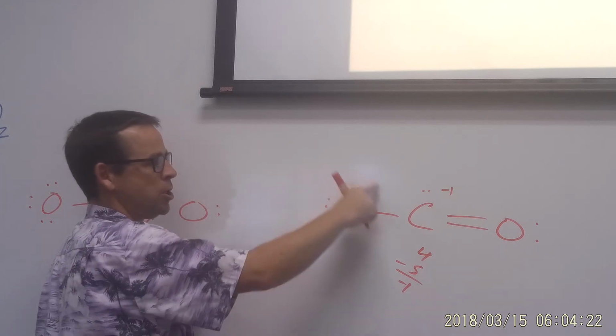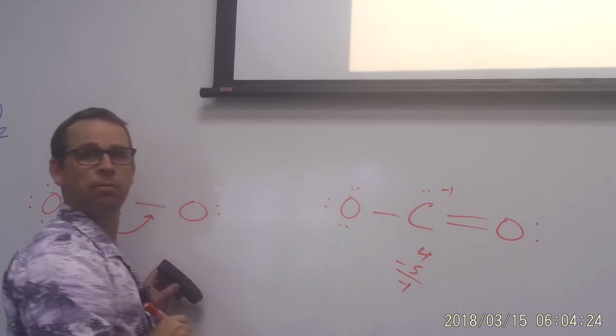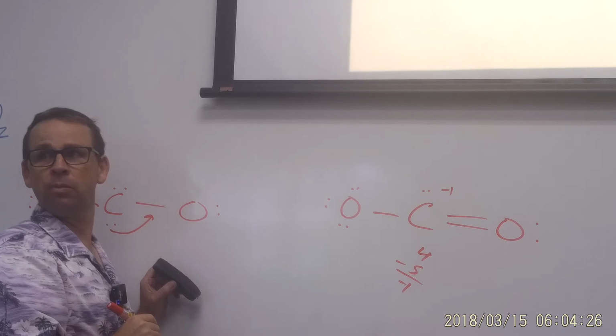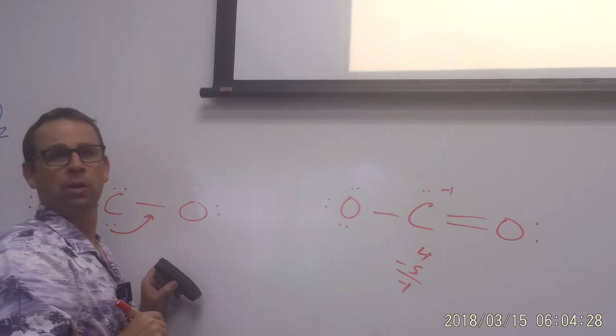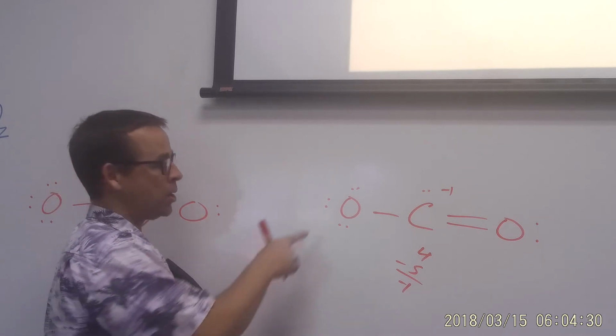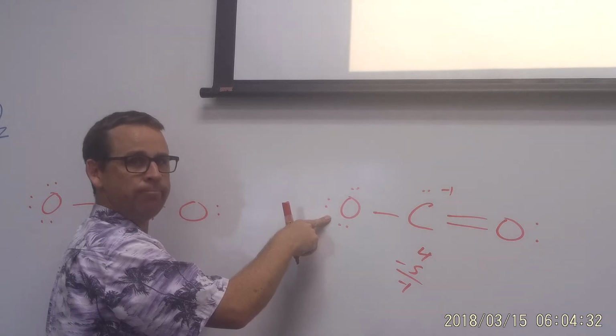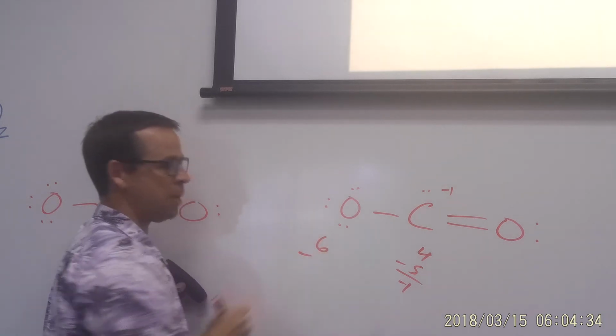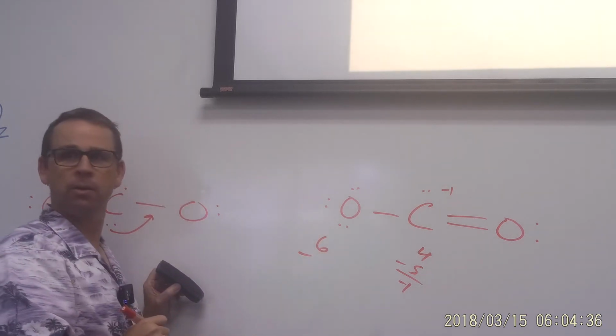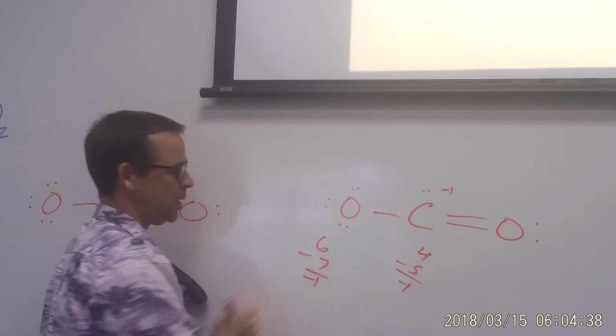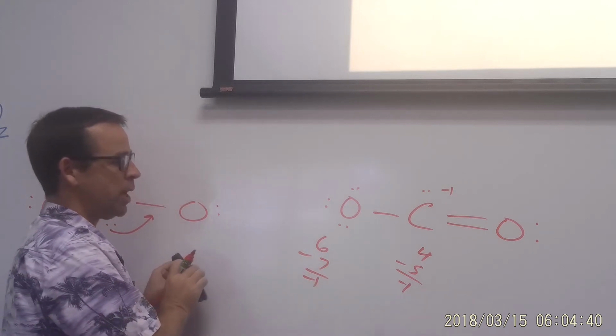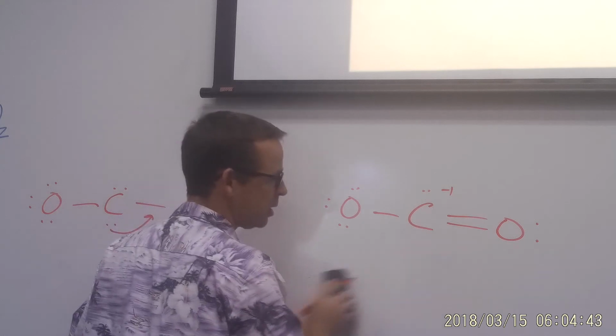Is there a formal charge here? Oxygen brought how many electrons to the party? 6 minus, how many does it have right around it right now? 7. So it also has a -1 formal charge. So we got too much electron density on this side of the compound, right?